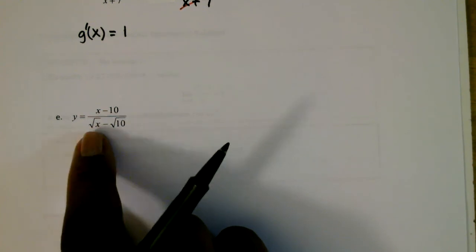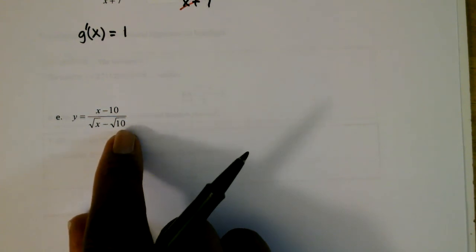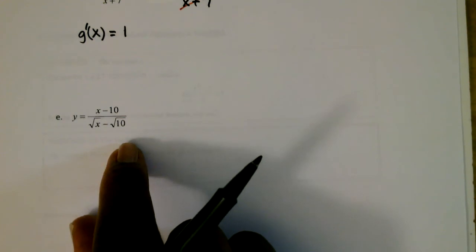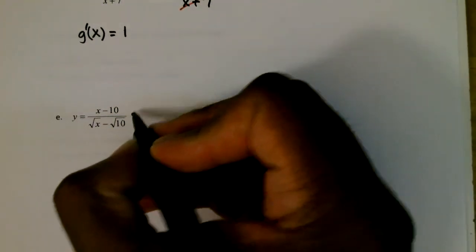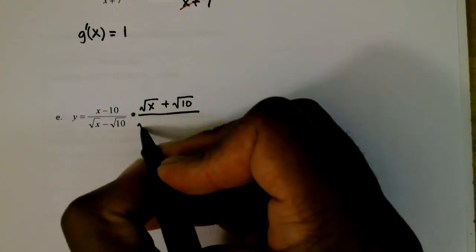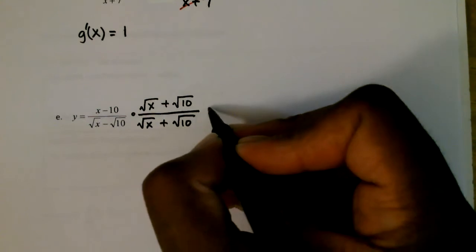In this case, the conjugate of the square root of x minus the square root of 10 will be the square root of x plus the square root of 10. So we're going to multiply that numerator and denominator by its conjugate, which is the square root of x plus the square root of 10 divided by the square root of x plus the square root of 10.